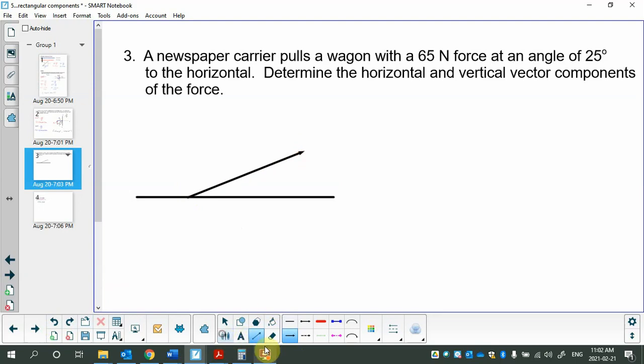But I know that in my sketch, rather than scale drawing, this is 25 degrees and this is 65 newtons. And here is my horizontal component and here is my vertical component.